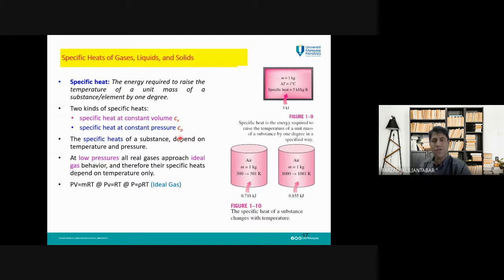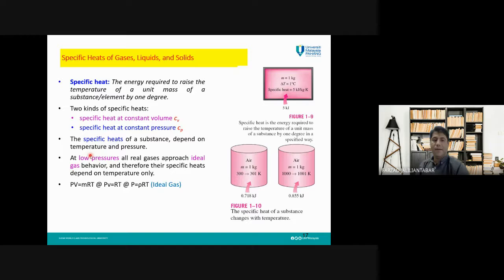These two are important when you are dealing with the gases. Later you will see we need to have CV and CP to calculate heat transfer for a substance, but sometimes you can use CV, sometimes you can use CP based on the system which you have. If you have an open system or a closed system, you need to use one of them. Later you will see which one.